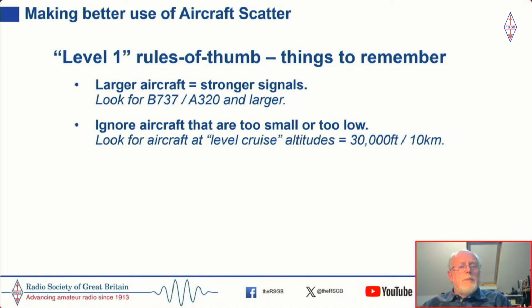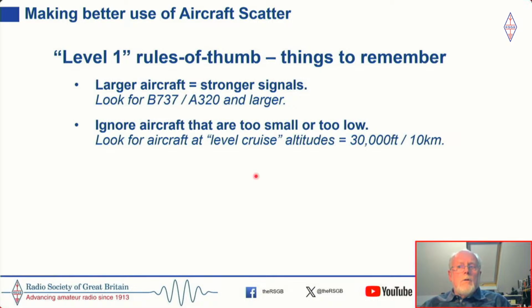Too low simply means that they can't be seen by one end user or the other. Aircraft that are too small, which are often the same category, they don't give strong enough reflections. So you look for these medium to larger size aircraft at their level cruise altitudes, 30 to 40,000 feet, typically.